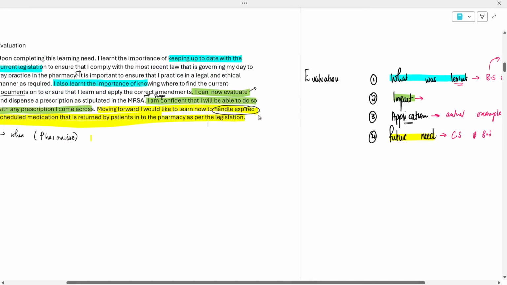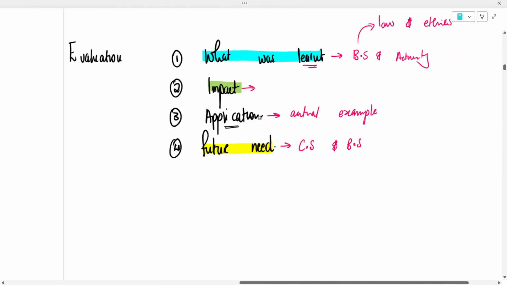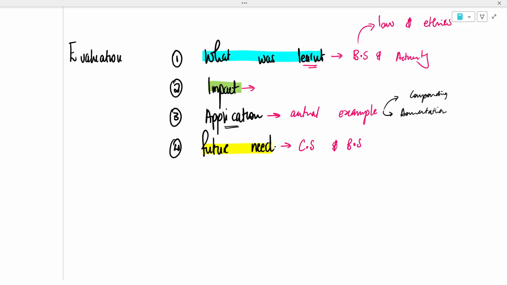Okay. So here the application is not there. So you need to state how you apply what you learn. What did you do with this information? Make a specific example. The law is not only on dispensing. You can apply the law in compounding. You can apply the law in documentation. You can apply the law in issuing drugs.